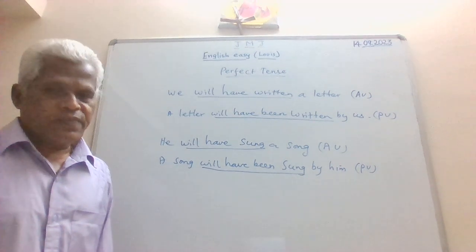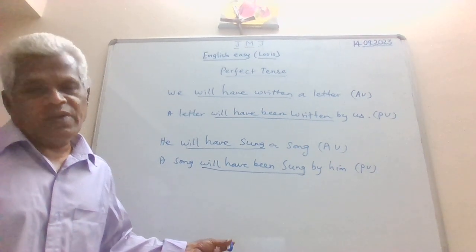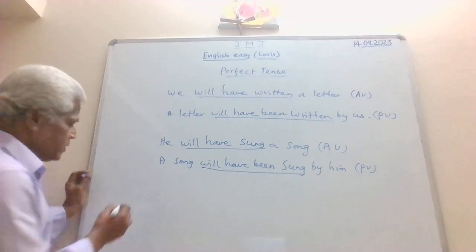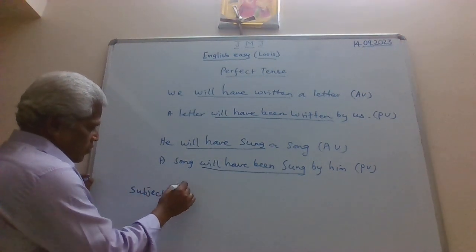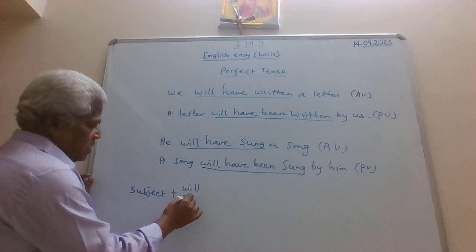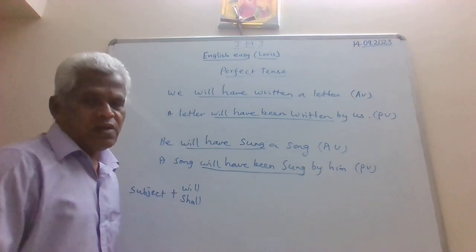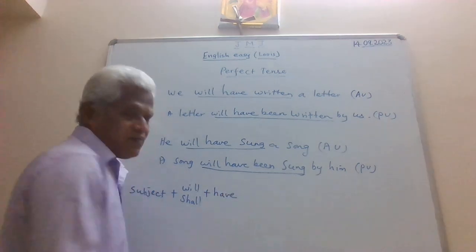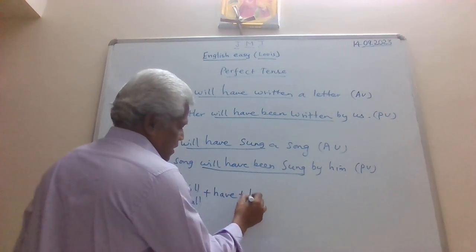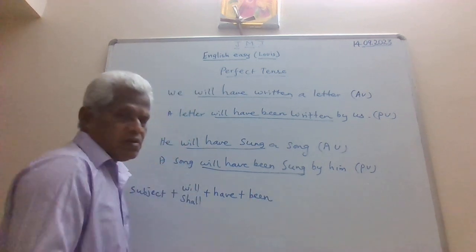So what would be the formula here? Subject plus will or shall. You can write any auxiliary verb. Then the perfect form have. Then the past participle.